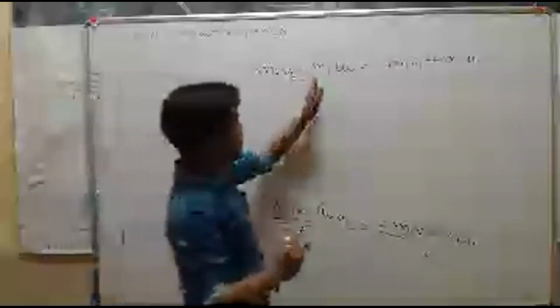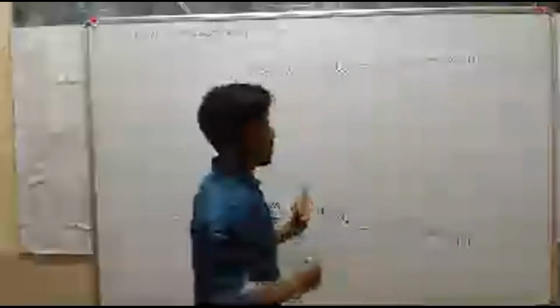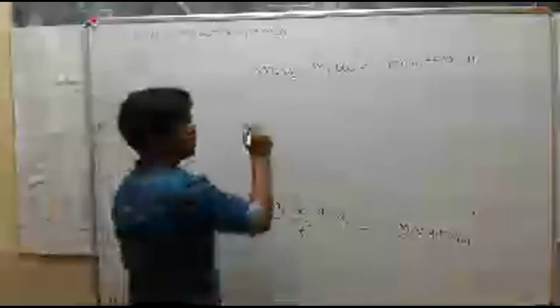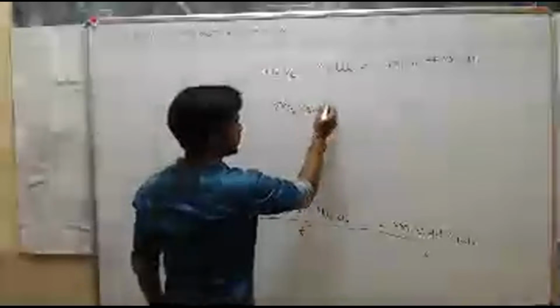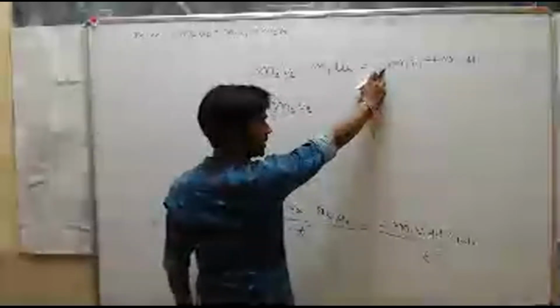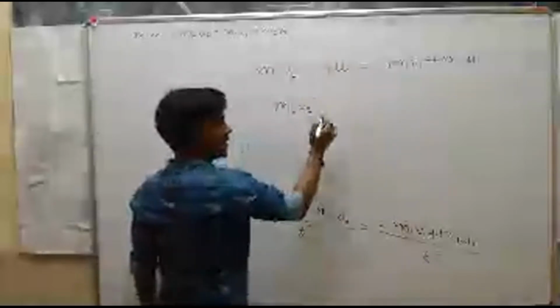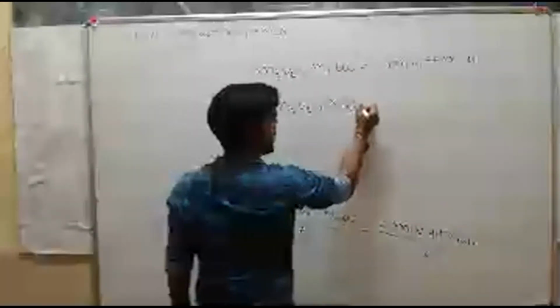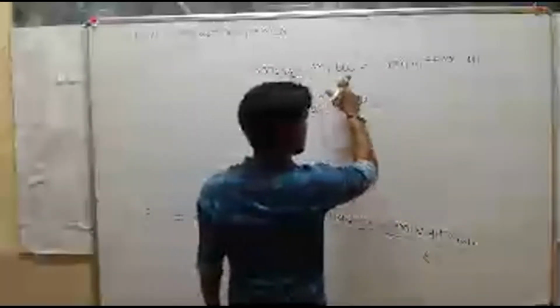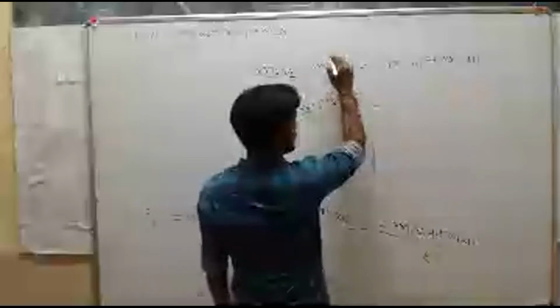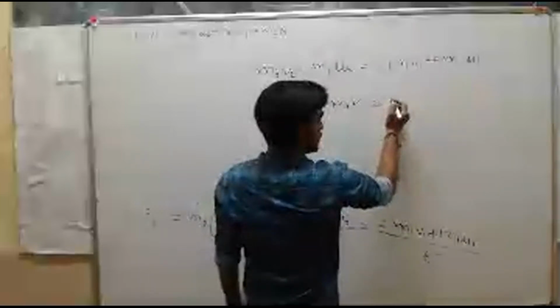Now take this minus to this side and this minus to the other side. So m2 v2, I'll bring this side. See here, now it is minus. What happens when you bring it to this side? It becomes plus, right? So plus m1 v1 is equal to, take minus m2 u2 to this side. Here plus, what happens when you bring it to this side? That is plus, right?